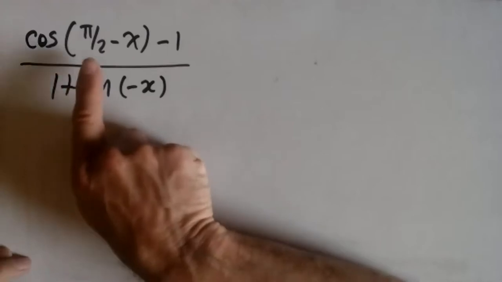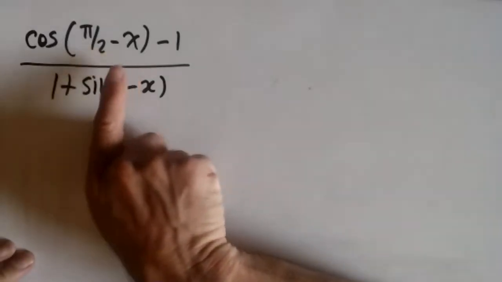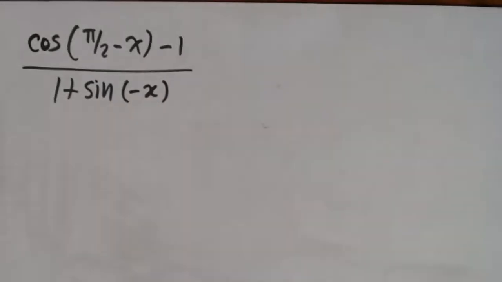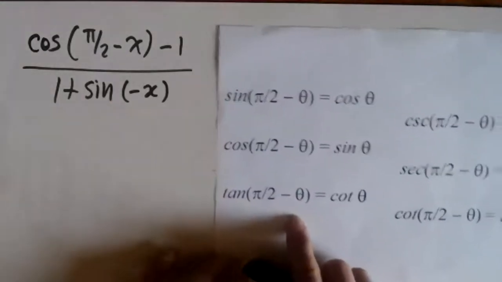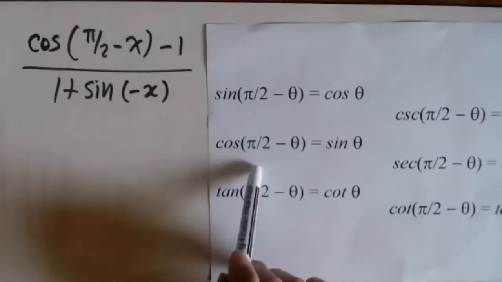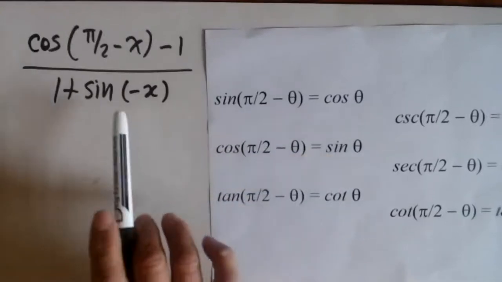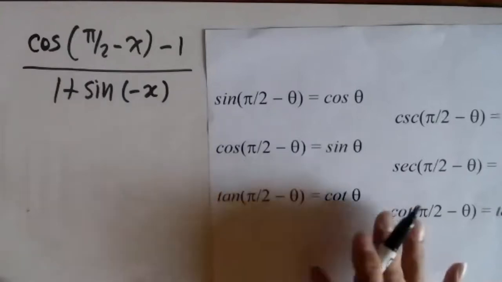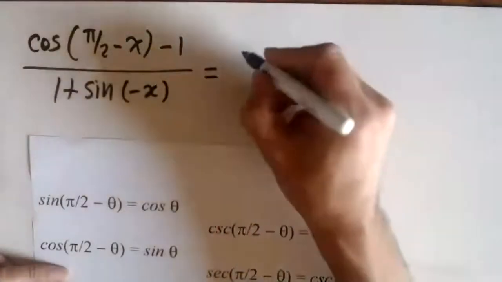So, vamos a ver. The first thing is I have cosine of pi over 2 minus x, and then I have sine of negative x. Okay, so I'm going to check my identities, right? Let's see the pi over 2. Cosine of pi over 2 minus theta is sine of theta. So I can change this by sine of theta, correct? So I'm going to do that.